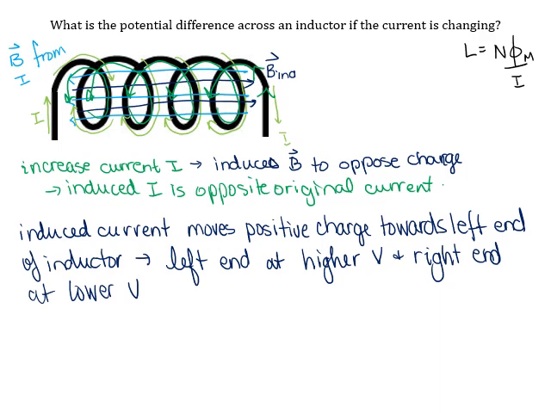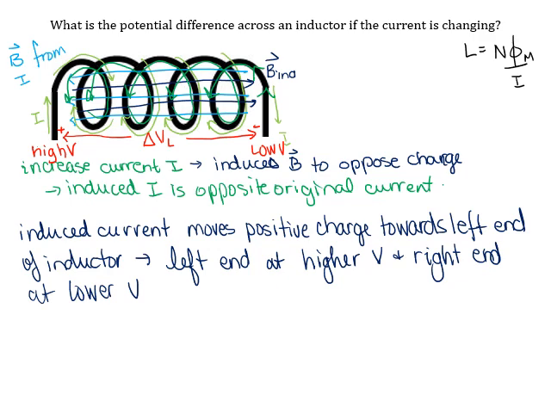So our left end is going to be high potential. I meant to do that in red so it would stand out a bit more. And our right end is at lower potential. That means there's going to be a potential difference between the two ends, delta V across the inductor. Our high end we would normally call the positive end, the low end we would call the negative end.